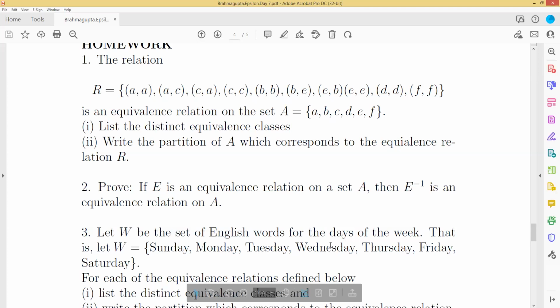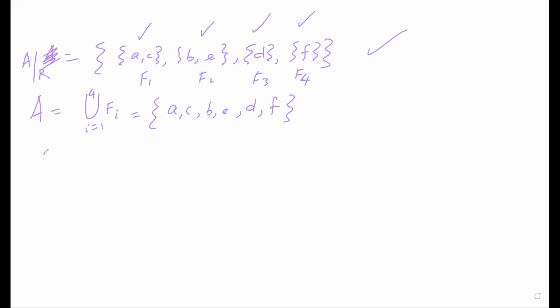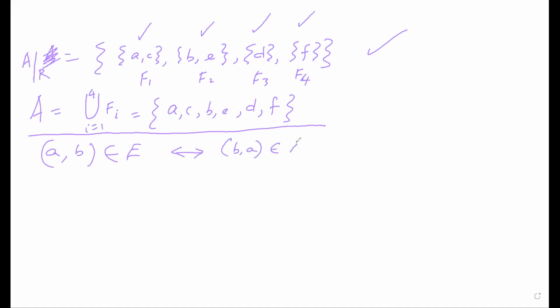Let's hear from Swasti. If E is an equivalence relation, first we know that E is reflexive, right? So A, comma A will be in E. First of all, can you give me the definition of E inverse given E? If A, comma B is in E, then B, comma A is in E inverse.